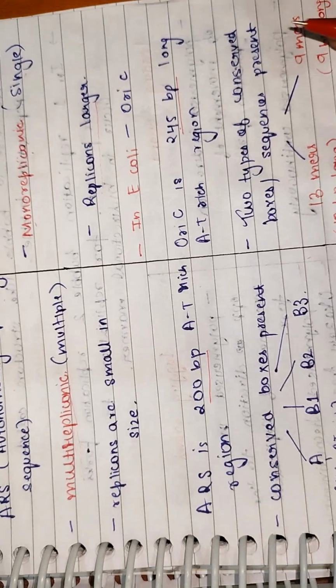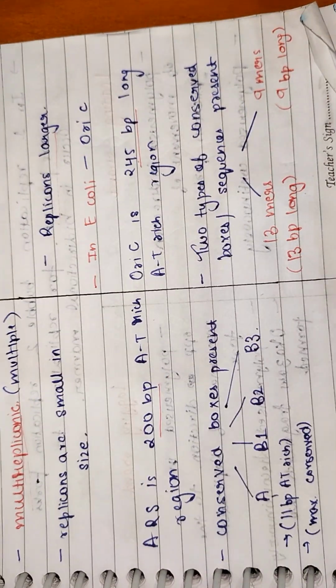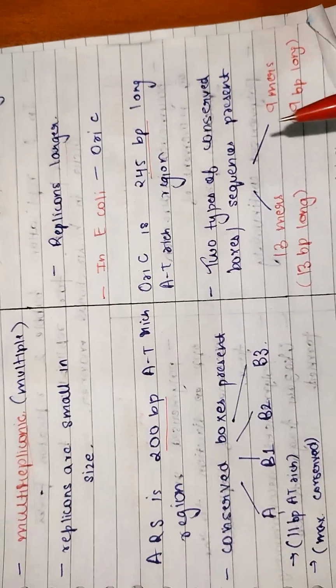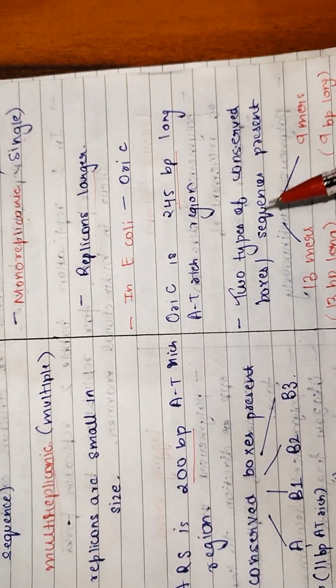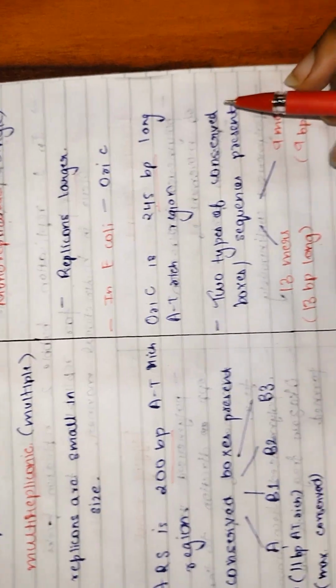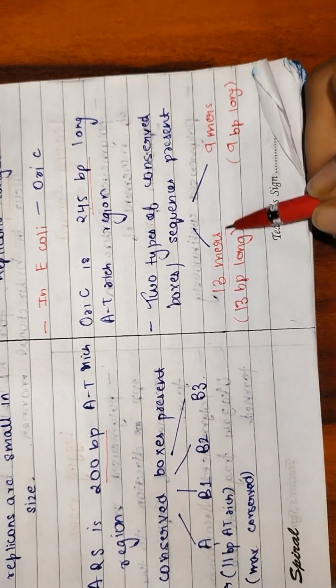Now, there are certain conserved boxes which are present in the origin of replication. What are these conserved boxes? These conserved boxes help in the initiation of the replication. In prokaryotes, in ORI, there are two types of conserved boxes, 13 mers and 9 mers.